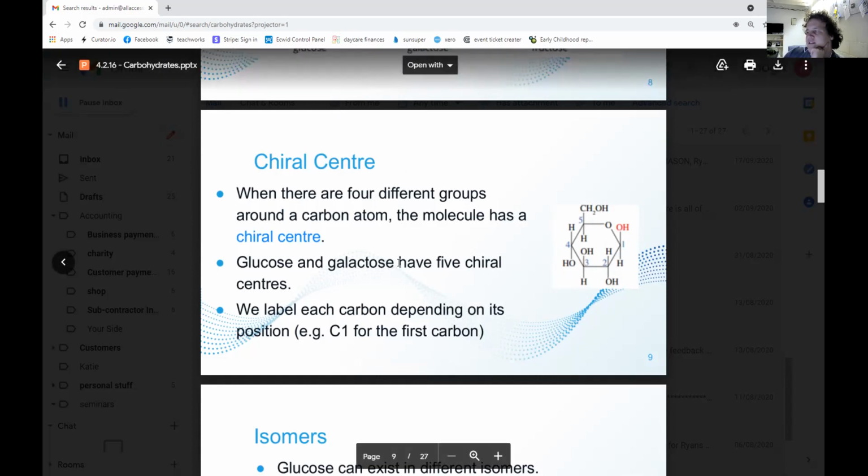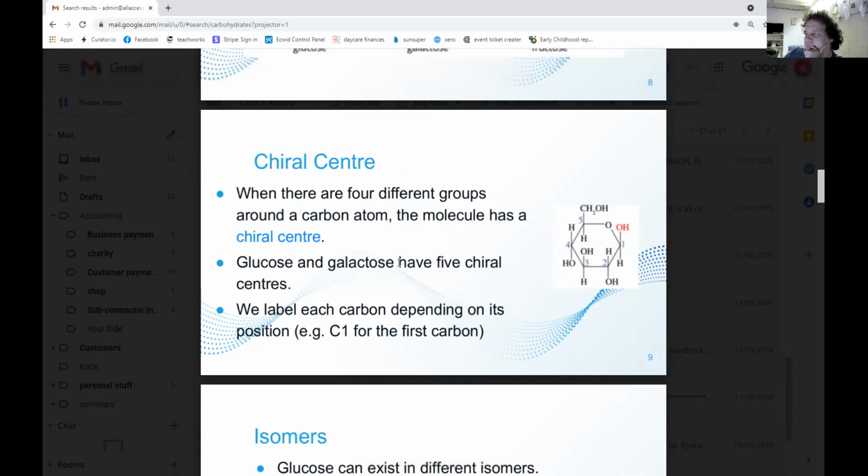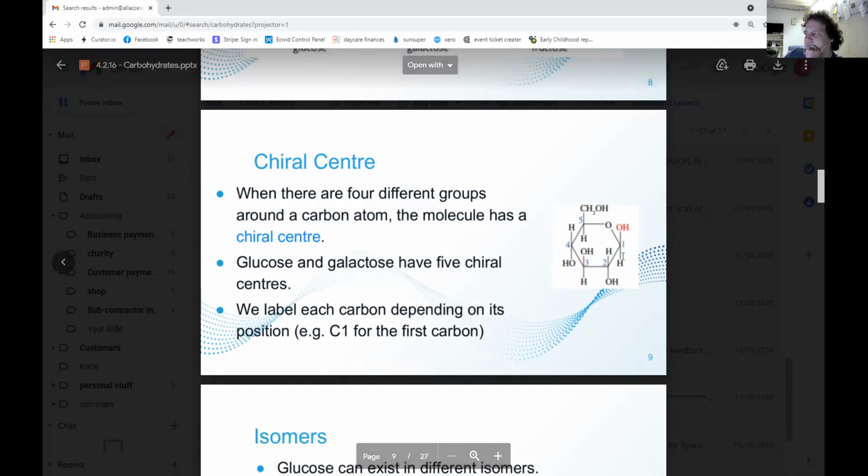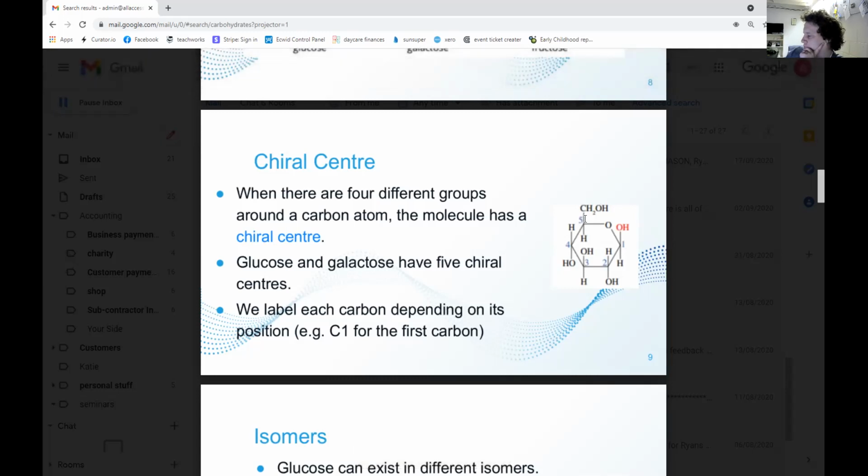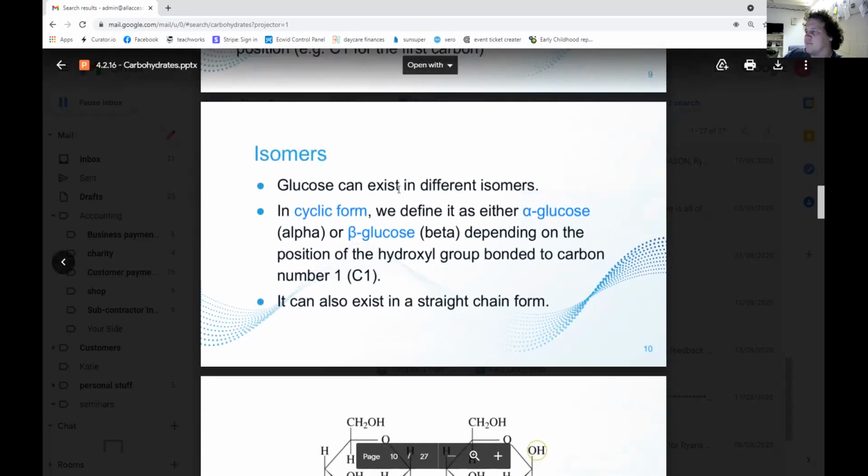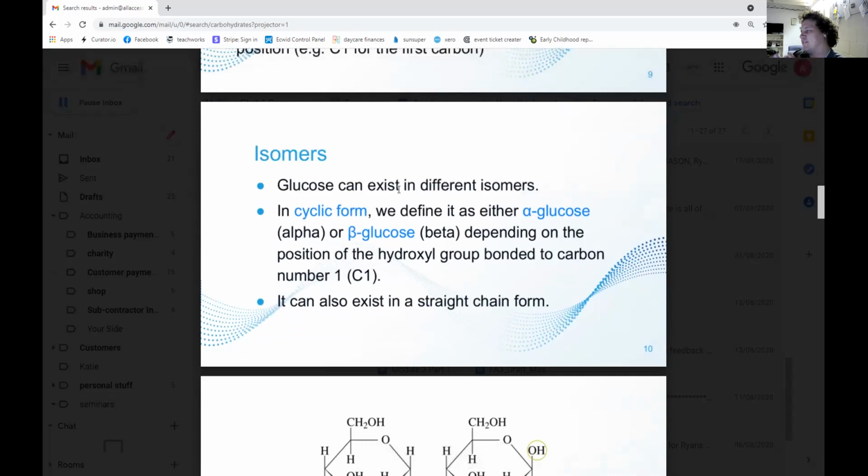So glucose and galactose have five. We count 1, 2, 3, 4, 5.